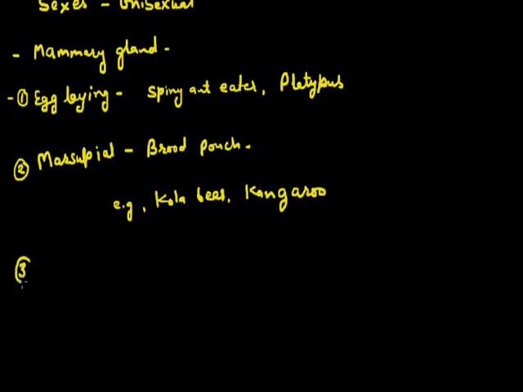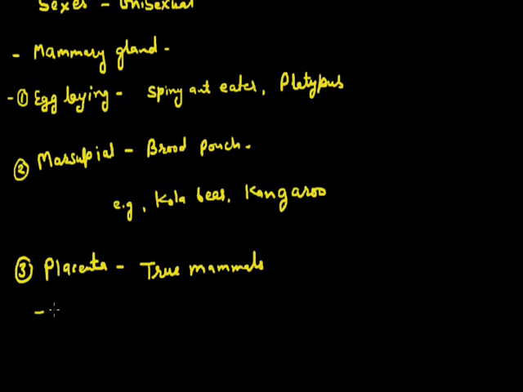Now the third category of mammals is the placental mammals. They have a placenta in their body which provides nourishment to the developing young ones. So placental mammals are the true mammals, because the placenta provides nourishment to the developing fetus in the mother's body.